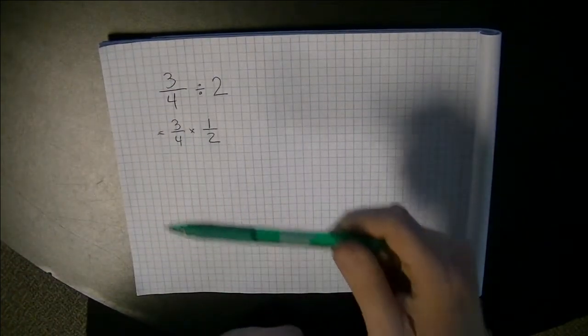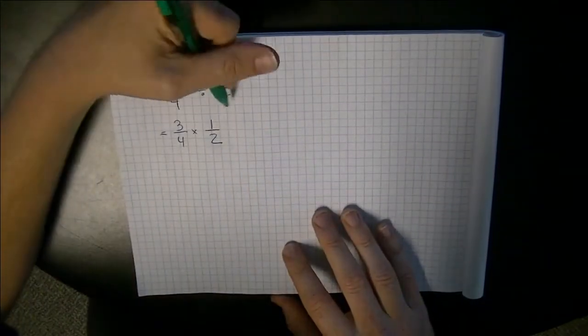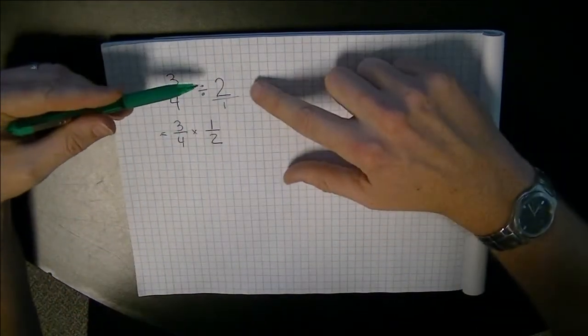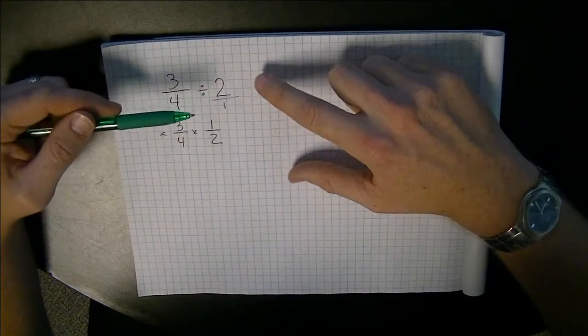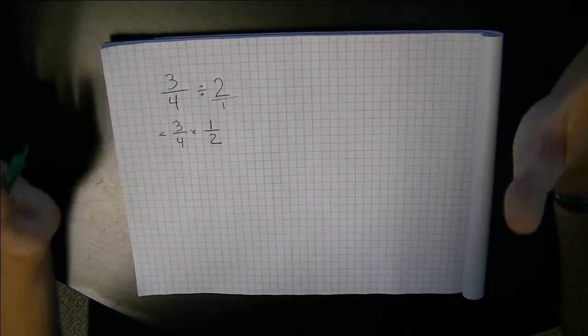So we turn the division into a multiplication of the reciprocal. Remember, 2 here is actually a fraction. If we like, it's 2 over 1.